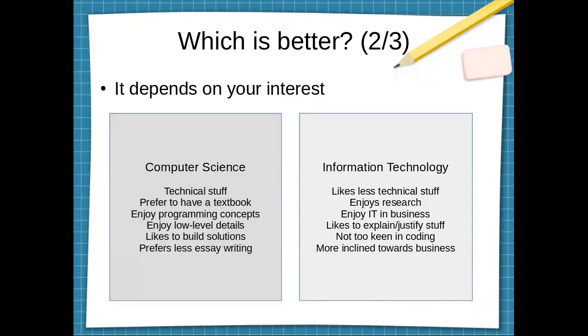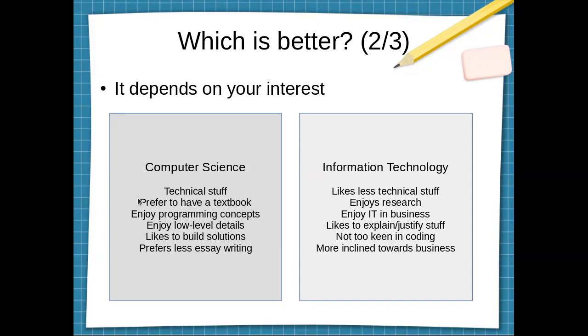Also, it depends on your interest. For example, if you are doing computer science, you would learn a lot of technical stuff. You will generally be able to stick to a textbook. When you take computer science, you have to go into some level of detail in both theory and practice. So if you are a person who enjoys doing that, then computer science is for you.